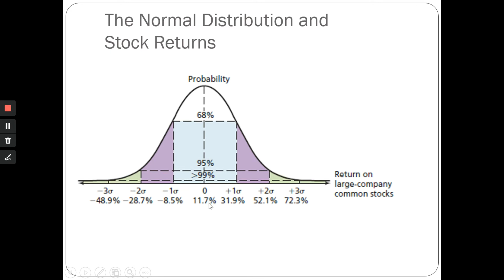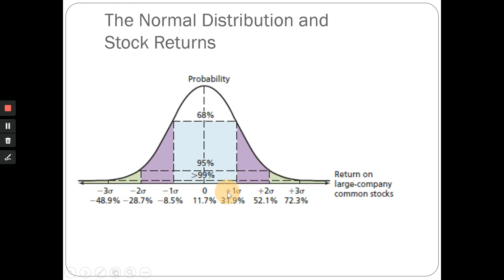If you go to the right, what was the standard deviation? It was 20.2. So you add that 20.2 to 11.7, which was the mean, and you come to the plus 1 standard deviation. If you subtract the same standard deviation from the mean, you come to minus 8.5. So this is the one standard deviation range, both at the left and at the right.